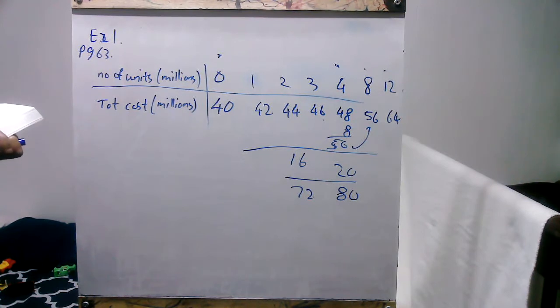Okay. The number of units produced monthly range from 0 to 20 million.